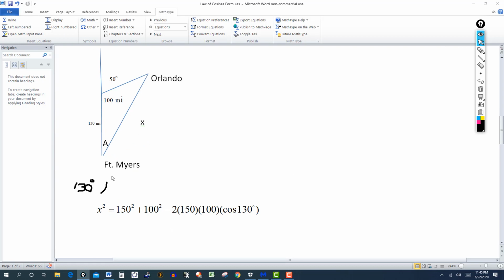Trying to find x, x squared should equal the sum of the squares of the other two sides minus twice the product of those two sides and the cosine of the included angle. Like I said, this is 130 here. Let me clear this here. And then you just compute this out. Pretty straightforward, but we'll go ahead and set it up in the calculator.